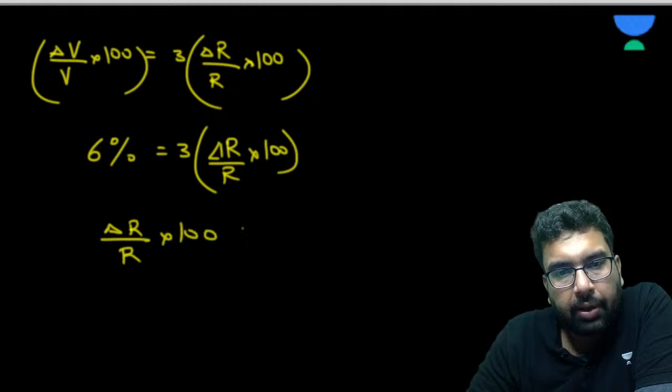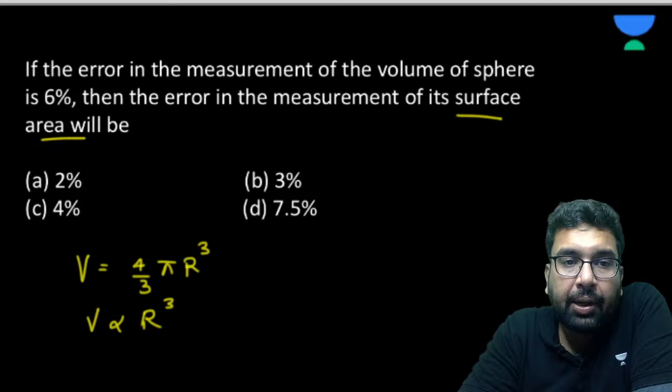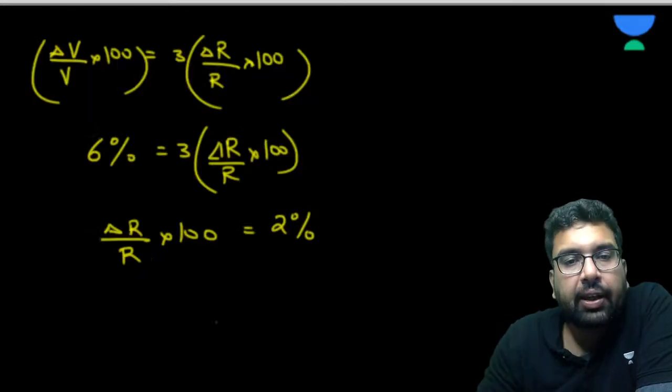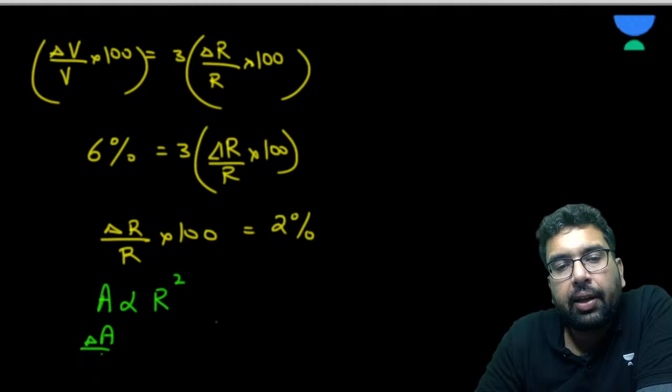Harsha, last session, beta, you were there. I think you went in between somewhere. So this is delta R by R, but they are asking you the surface area. So what is the surface area, beta? So area is proportional to R square. So the percentage error in the area will be 2 times delta R by R into 100.